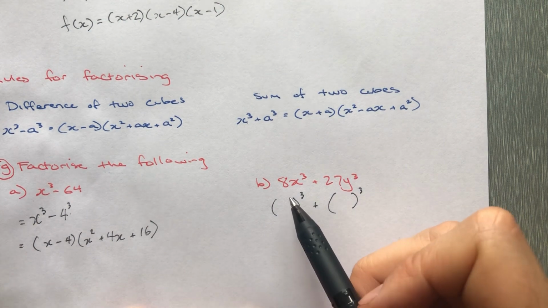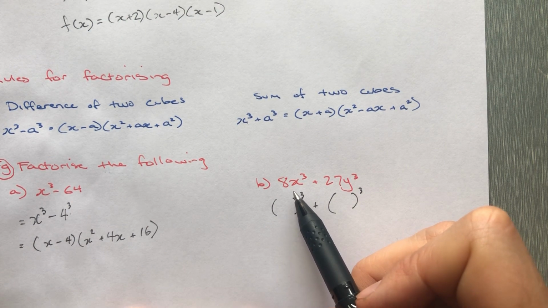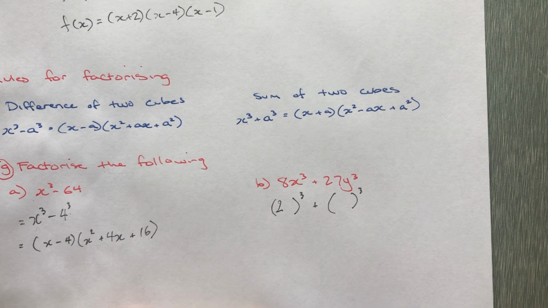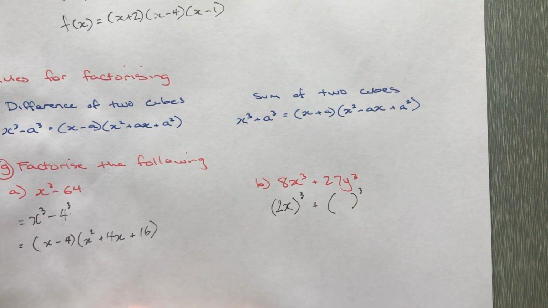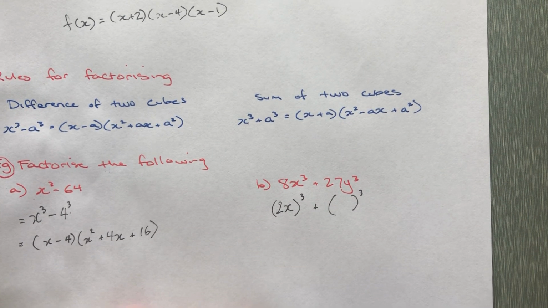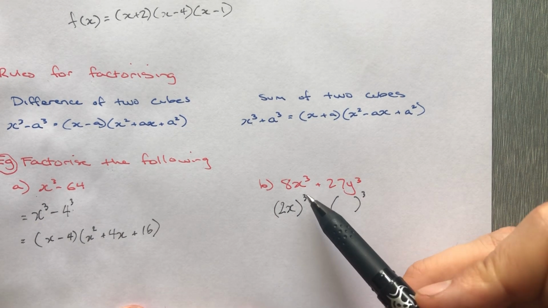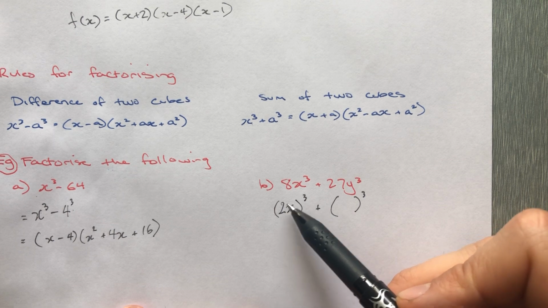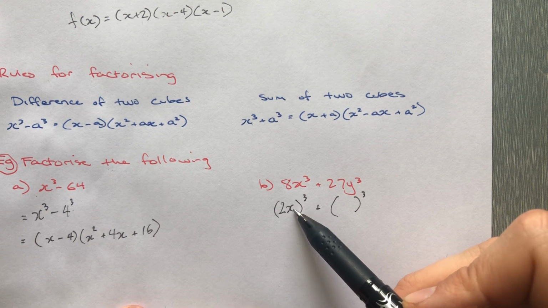Right, now hopefully we already know that 2 to the power of 3 is 8. So if we put a 2 in there, that's going to give us the 8, but we also need x to the power of 3. There we go. So with our index laws, which we've already gone over, I believe, this to the power of 3 applies to that, and the to the power of 3 applies to that as well.